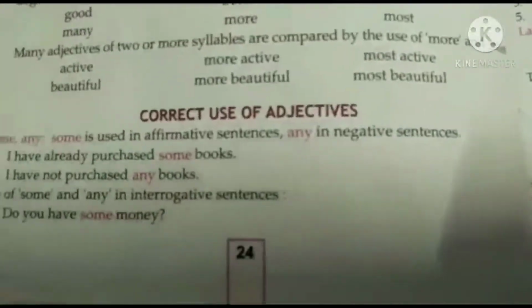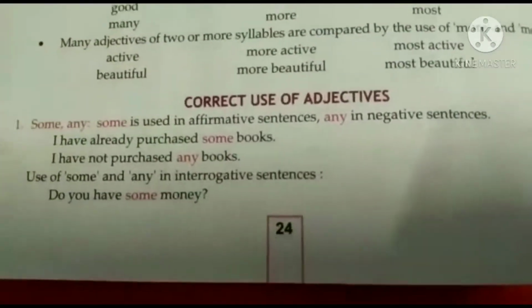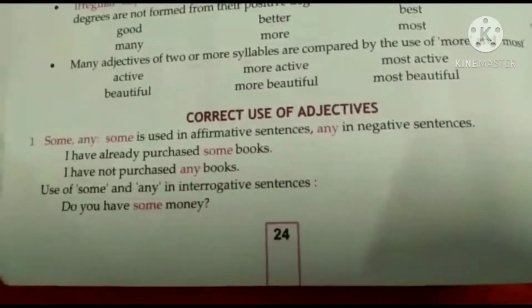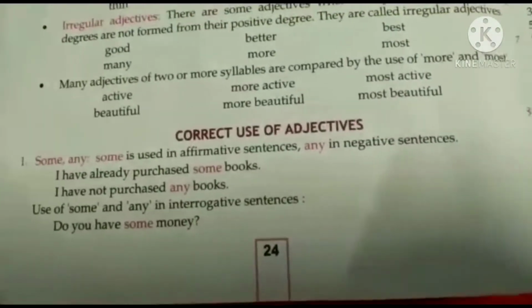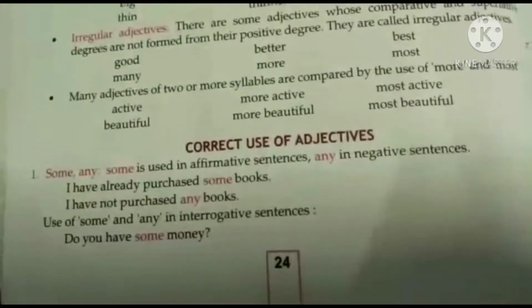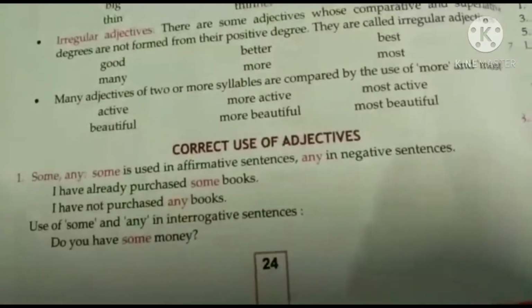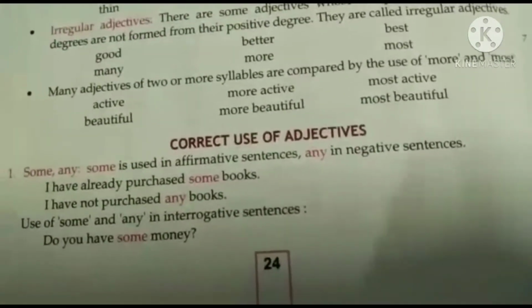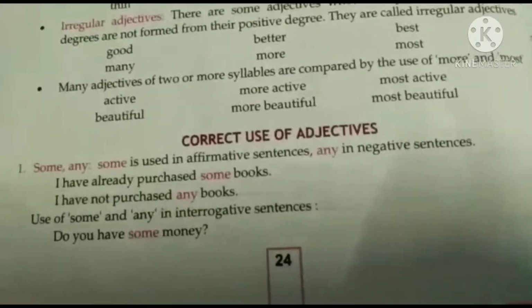Some is used in an affirmative sentence, and any is used in a negative sentence. This is according to the grammatical rules and the book, so some and any are used according to the sentence.